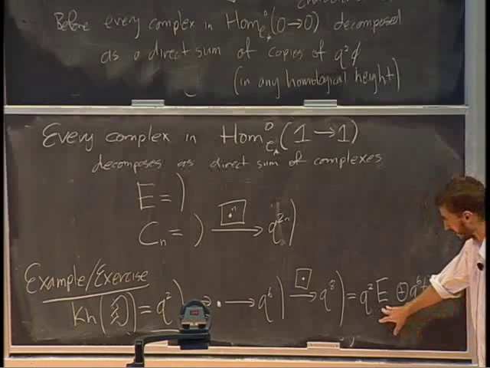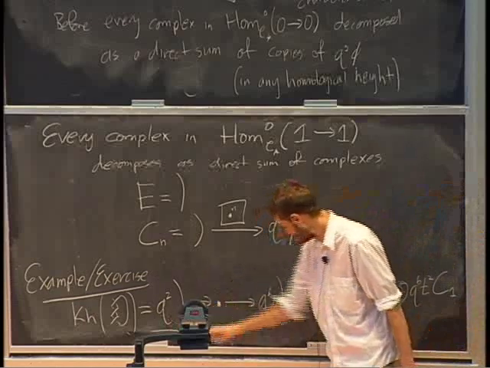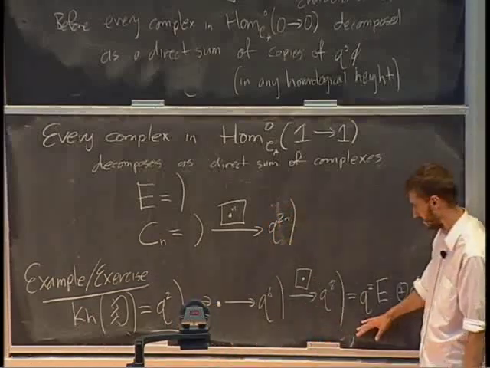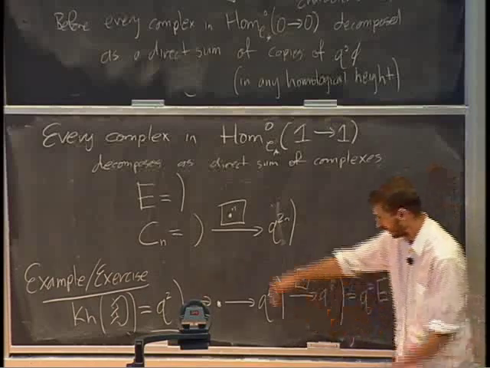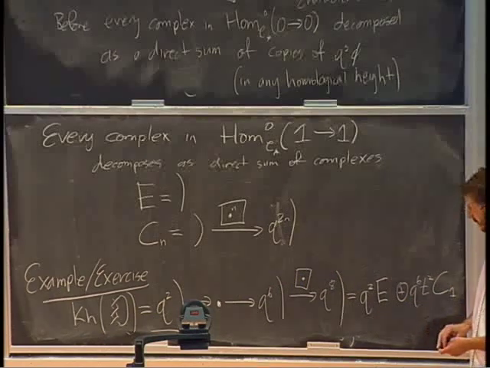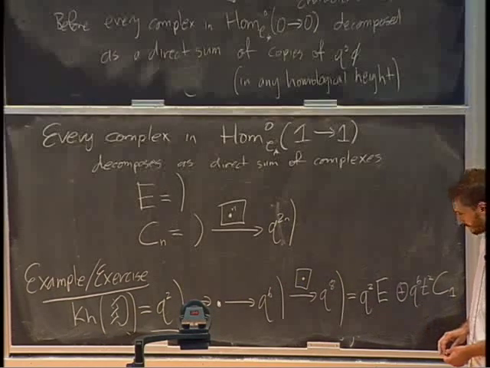So that's just saying a copy of E, but shifted up by Q squared, and it's sitting in homological height 0. That was the underline, so there's no factor of T here. And then there's a copy of C1, but it's shifted up in homological height by 2, hence the T squared, and there's an overall factor of Q to the 6. Okay.